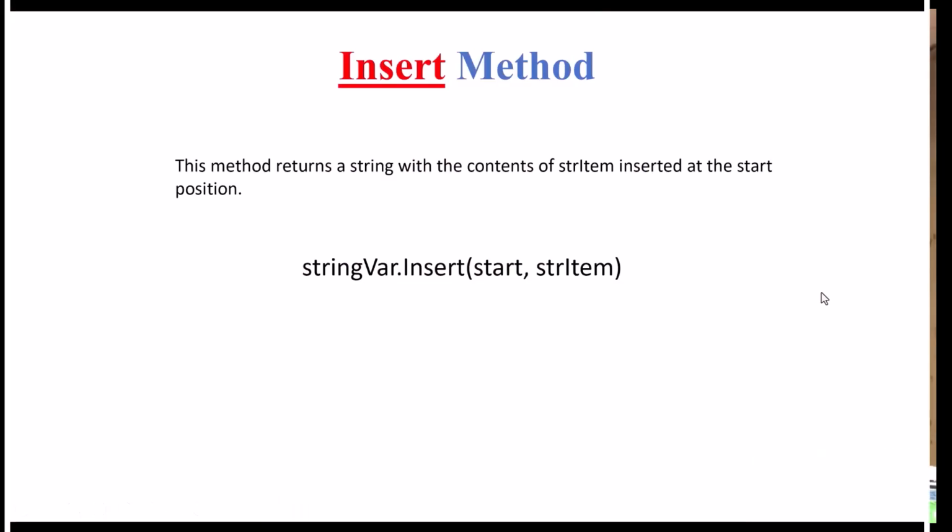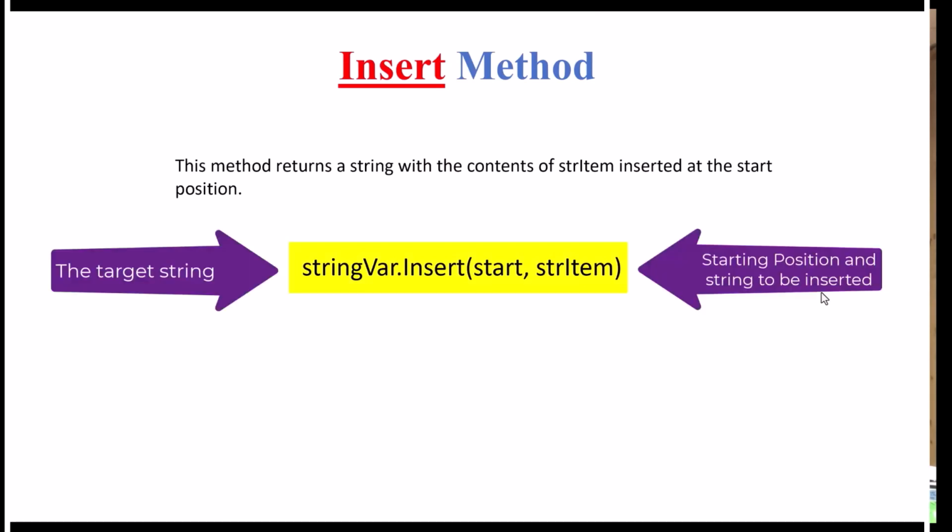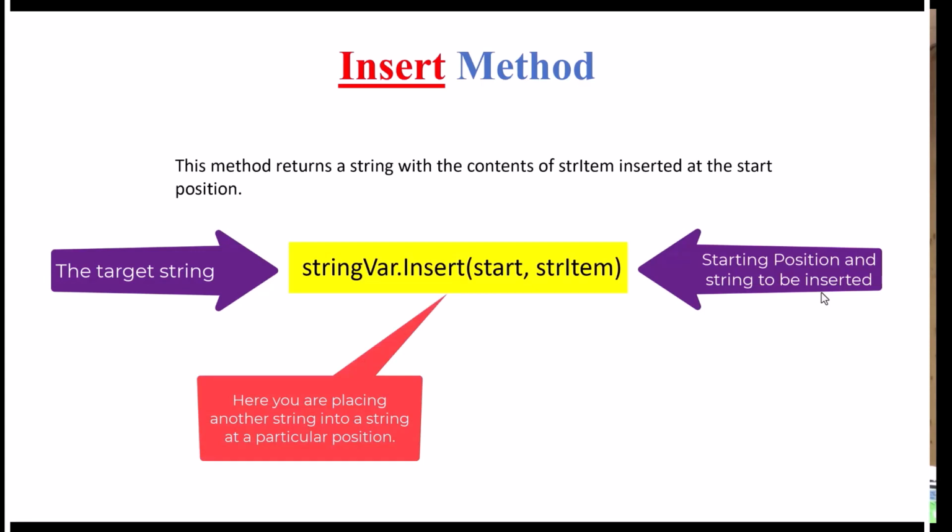The insert method. This method returns a string with the contents of the str item inserted at the start position. So we're taking a variable. It might be a set of names, and you might have my name in there. At the starting position, say my first name, Daryl, is 7 characters long, so 0, 1, 2, 3, 4, 5, 6. 7 is a space. 8 is where I want to go.